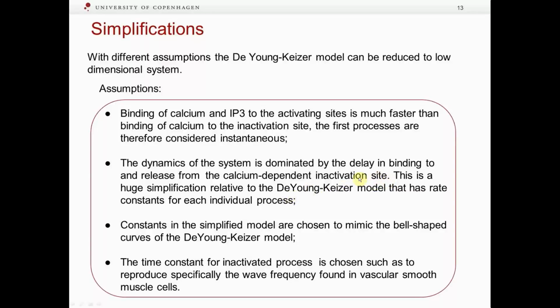This is a huge simplification relative to the de Jong-Kaiser model that has a rate constant for each individual process. The constants in this simplified model are then chosen to mimic the bell-shaped curves of the de Jong-Kaiser model, which I showed in the previous slide. And the time constant for the inactivating process, which then dominates the whole dynamics, can be chosen to reproduce specifically the wave frequency found in, for instance, vascular smooth muscle cells.